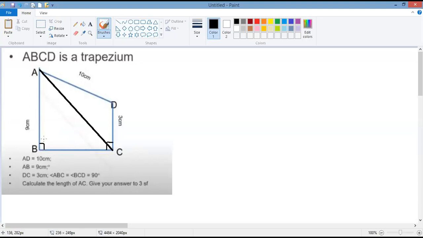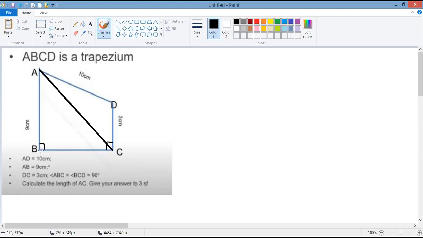You have one length here, right? So you know here is a right angle triangle. This part, triangle ABC, is a right angle triangle, but you have only one side. They want you to find out the length of AC, so it means that you must have the length of BC so that you can solve this question.